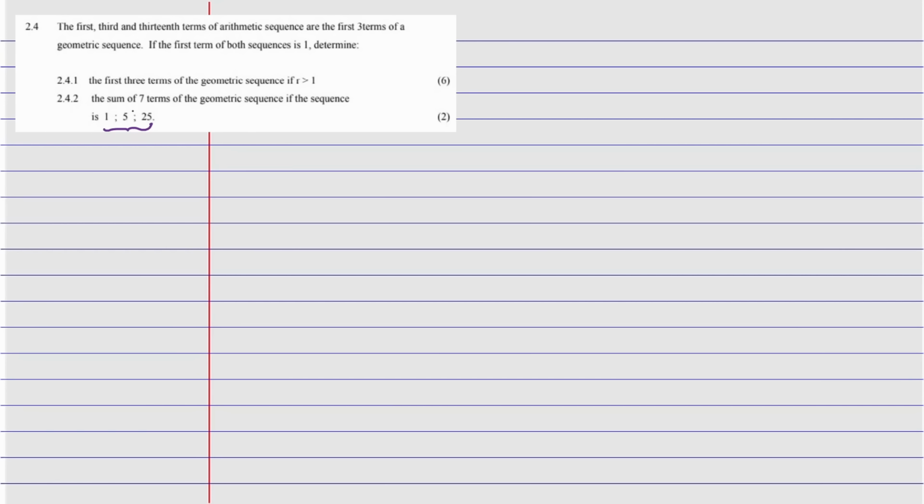Here it's very important to remember the basic rules of Sn when we're dealing with geometric sequences. Remember that with geometric we had two conditions.